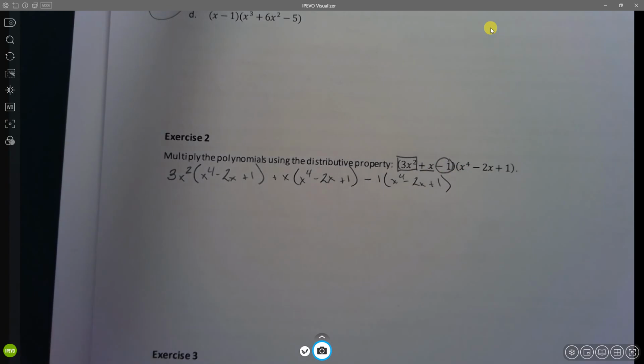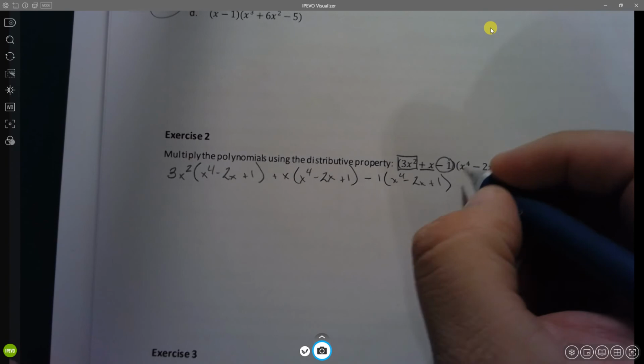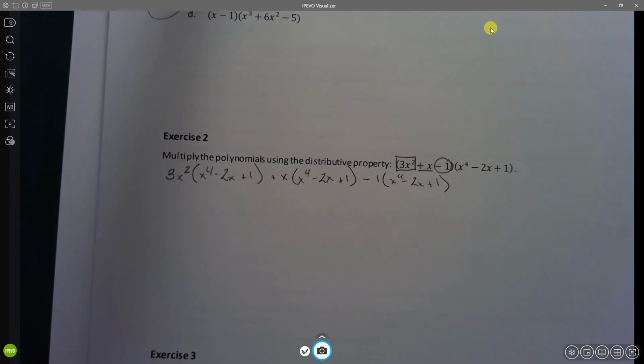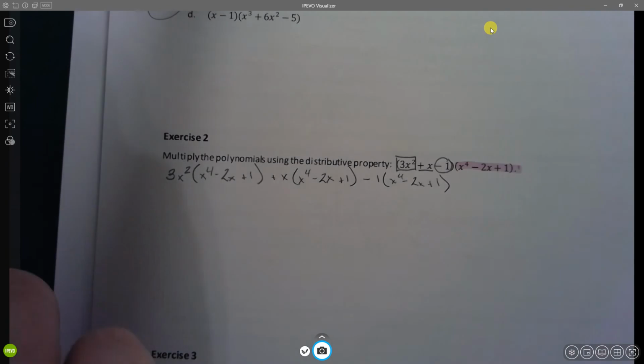Mr. Hale, what did you do? Okay, all I did is I took this and said, let's imagine that this whole thing right here was a variable x.